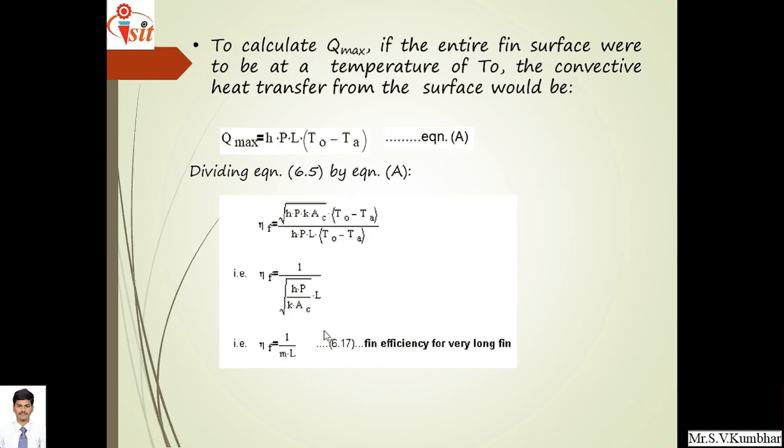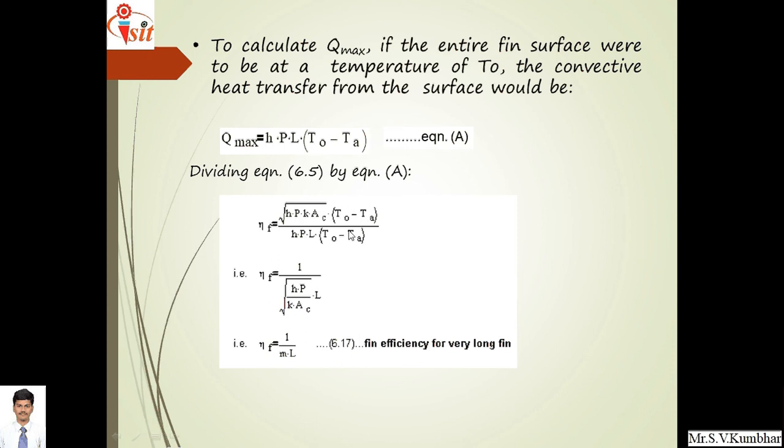Now to calculate Q max, the entire fin surface is supposed to be at its base temperature, therefore the heat will transfer by convection from its base. Therefore, Q maximum is equal to hPL into (T0 minus Ta). Now, dividing the previous equation by this equation, we get efficiency of fin for an infinitely long fin equal to square root of hPkAc into (T0 minus Ta) divided by hPL (T0 minus Ta).